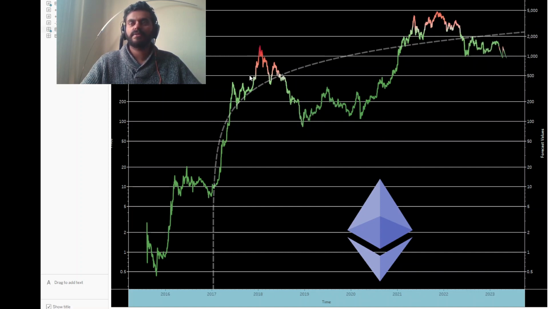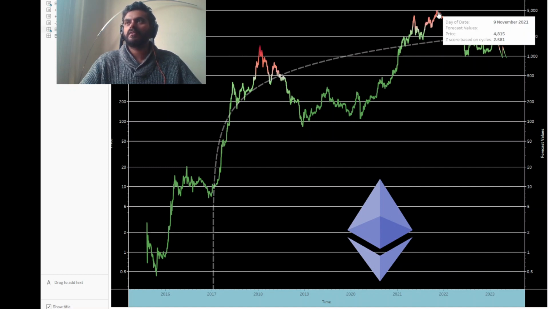At the peak of the first cycle, the Z score is 4.4, meaning the price at that point was 4.4 standard deviations away from the mean for that particular cycle from 2015 to 2018.